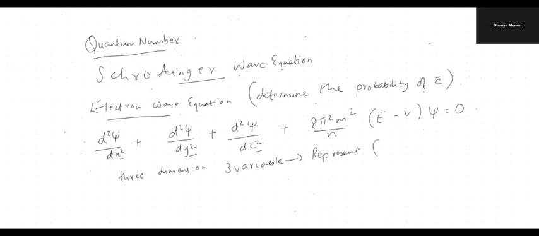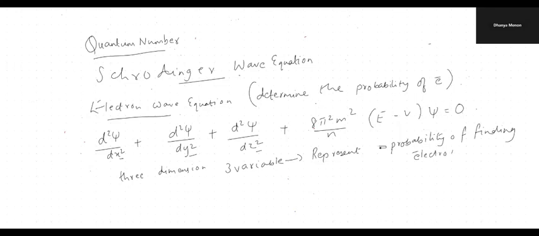It represents the probability of finding an electron.